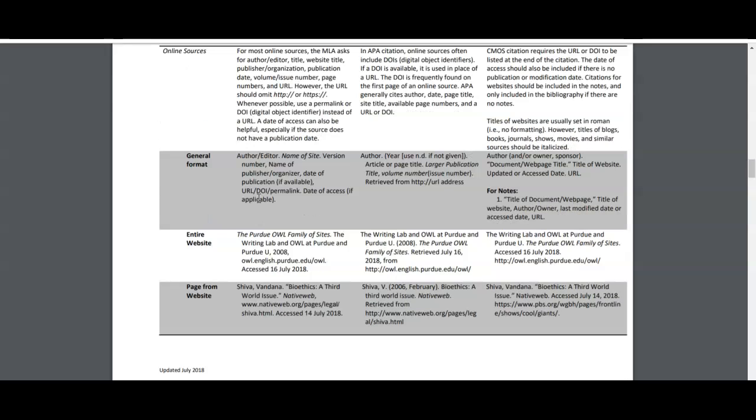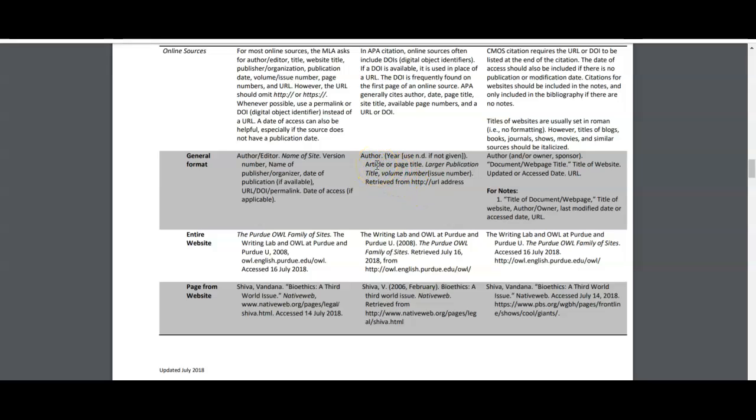Something that we need to pay close attention to, because there's a lot of confusion about this, is use of online sources. So considering a website, that's one that a lot of people struggle with. So if there is a DOI, the digital object identifier, use the DOI and not the URL. So here they give us the URL in most of them.